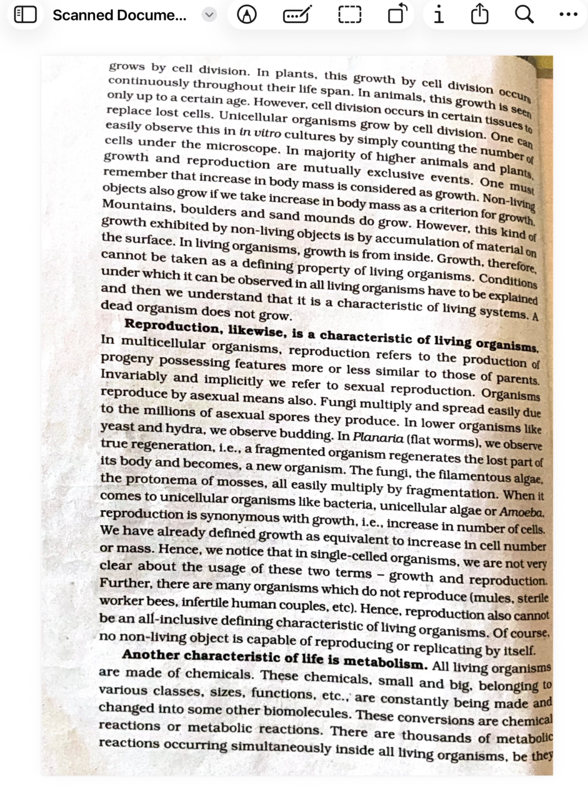They will be very much similar to their parents. They are not exactly the same, but they will have almost similar traits to the parent. Invariably and implicitly, we refer to sexual reproduction. So mainly in multicellular organisms, we talk about sexual reproduction.